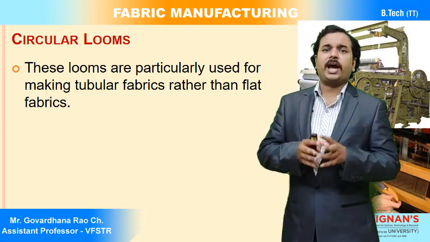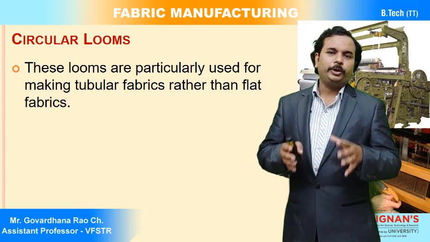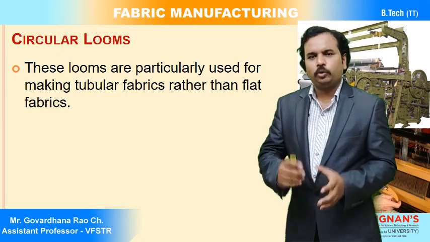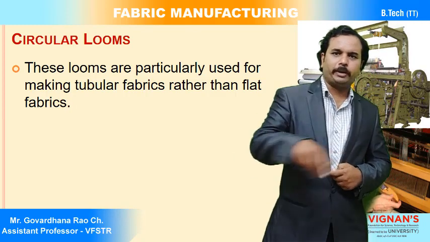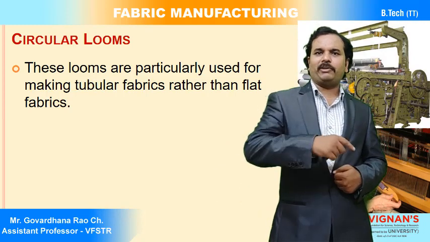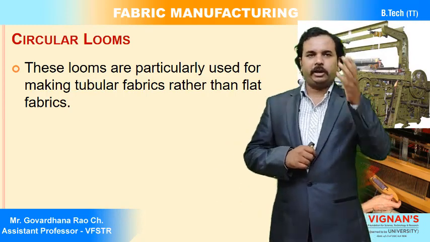All these kinds of flat yarns are used to produce circular fabrics. So there is a circular loom. It creates the sheds in a circular manner, and there are shuttles which insert the weft yarn in circular fashion.